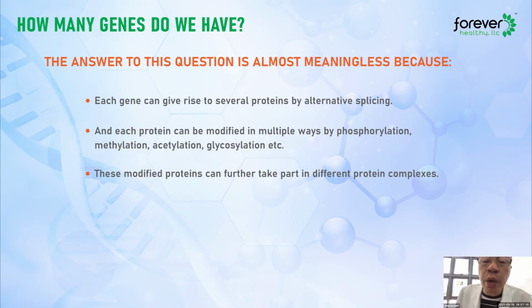But the answer to this question is always meaningless, because the effect of epigenetic factors or the enhancers could alter the sequence of the amino acids by splicing. Altering the sequence by splicing is one way of making another protein.